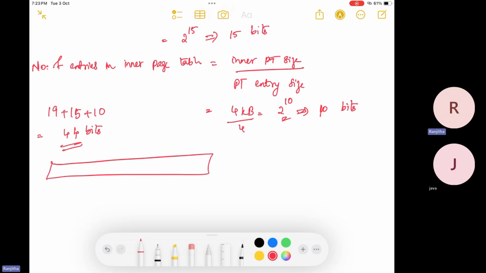So the offset is 12. Inner we needed 10. Then we needed 15. Then we needed 19. Okay.